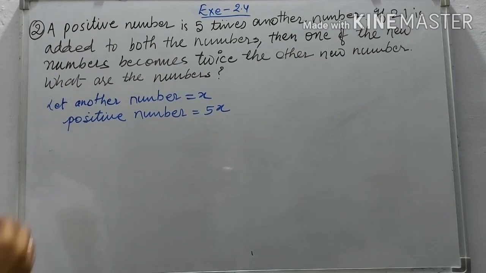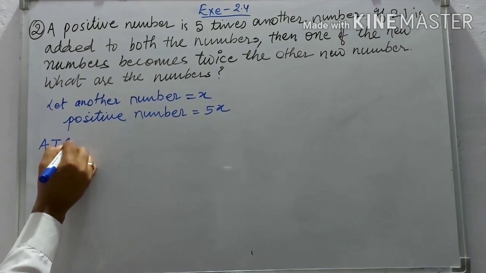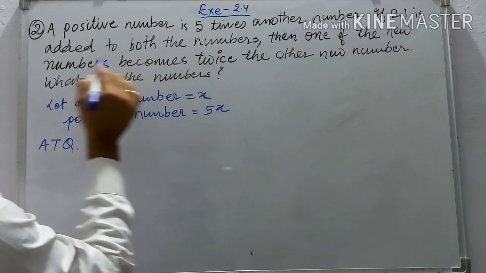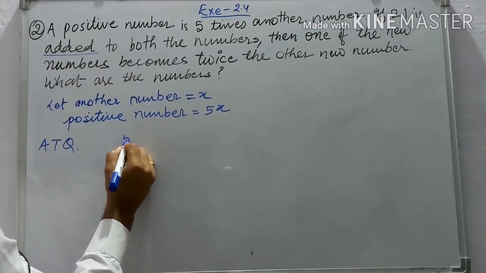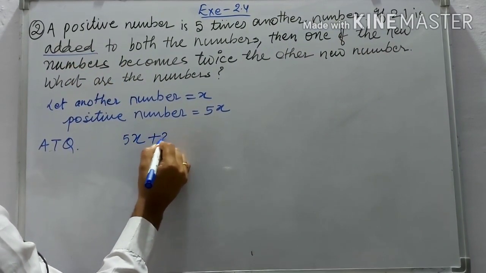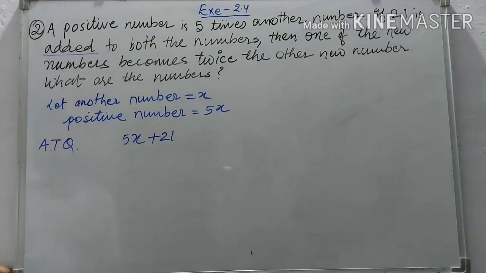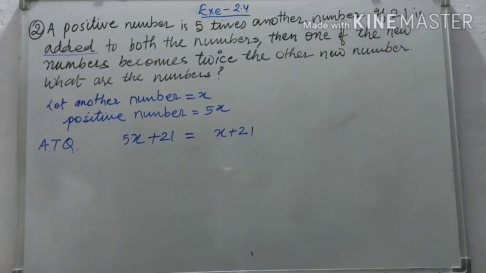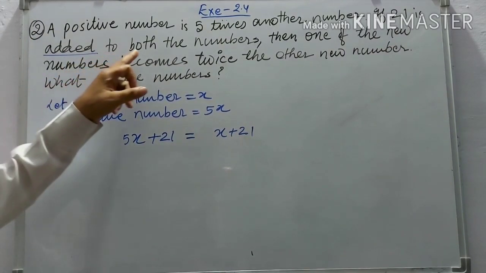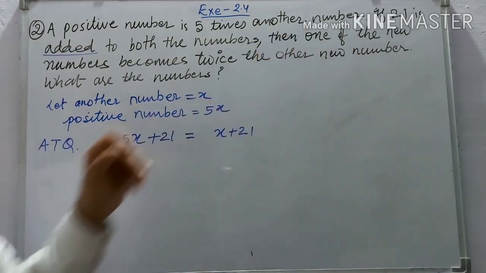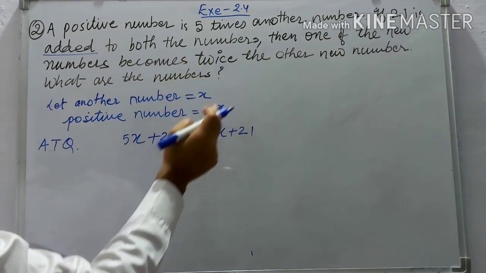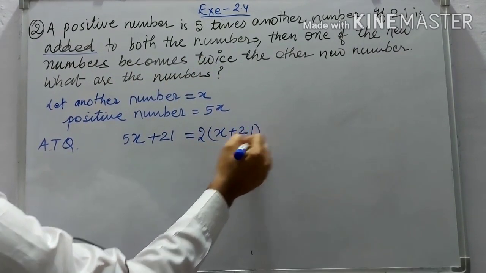Then, according to the question, if 21 is added, we get 5x plus 21 and x plus 21. One of the new numbers is twice the other new number.